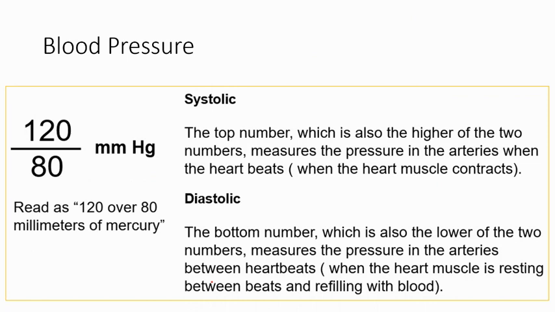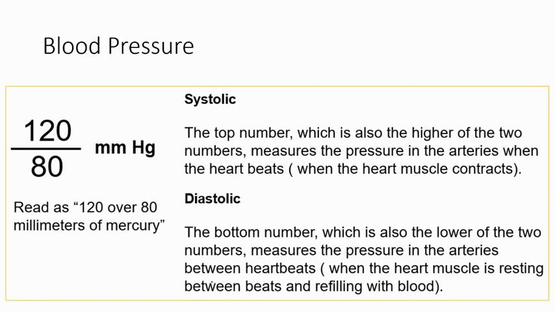So the top number is the systolic number. This is the higher of the two numbers, and this is the pressure in the arteries when the heart contracts. When you've got something contracting, this is when the blood is leaving the heart under intense pressure. So this is the systolic number, the number when the heart is contracting.